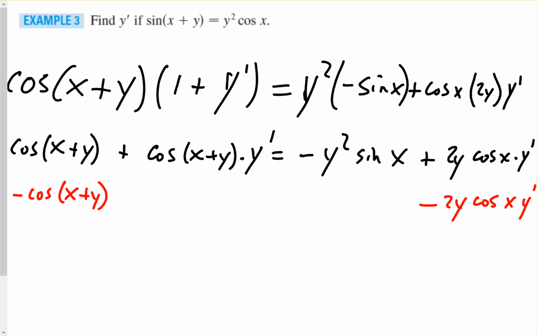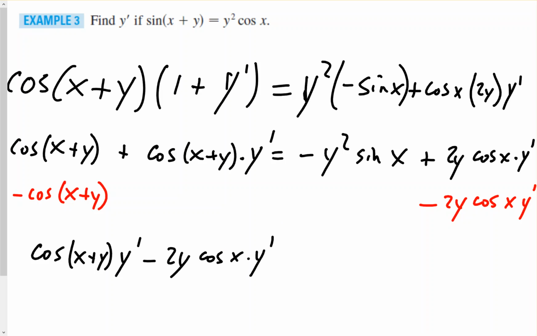So we have cosine of x plus y times y prime minus 2y cosine x times y prime equals negative y squared sine x minus cosine of x plus y.